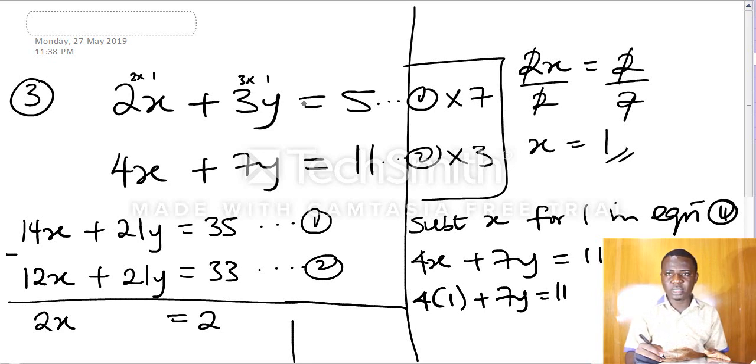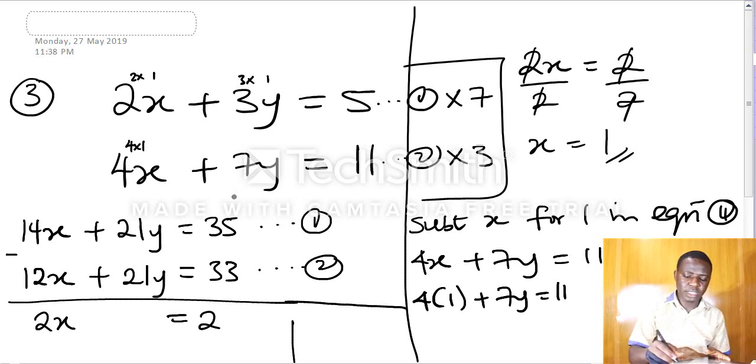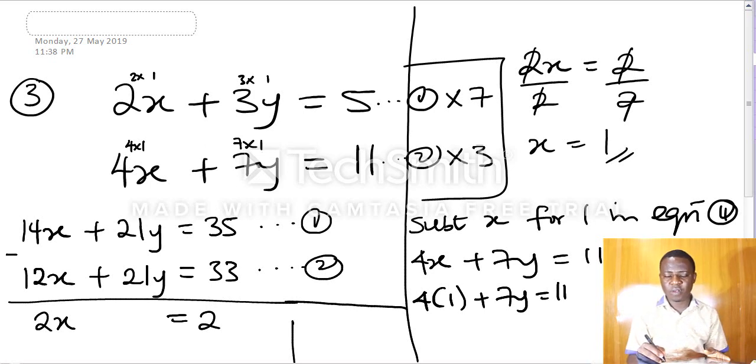That means it's correct. Let's also substitute 1 for x and y in equation 2. 4 times 1 is 4, plus 7 times 1 is 7. 4 plus 7 is 11. That shows that x and y, being 1, are the only values that can fit into this equation to equate the left hand side and the right hand side.